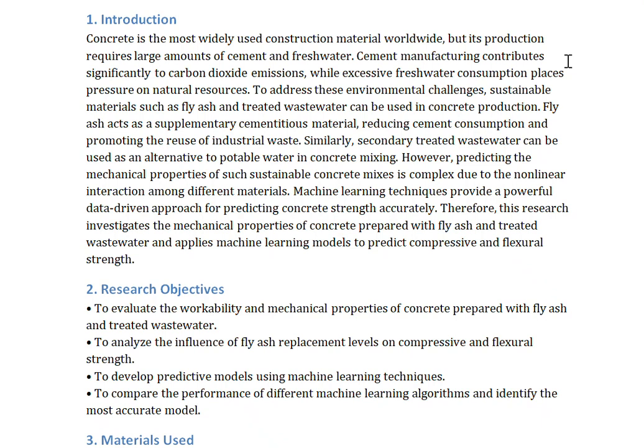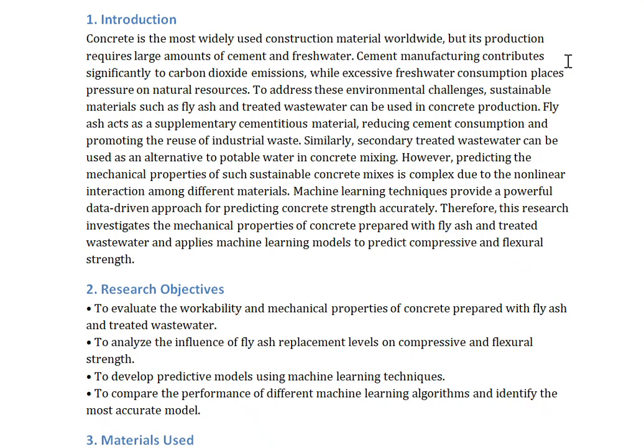Fly ash acts as a supplementary cementitious material, so it reduces cement consumption, promoting the reuse of industrial waste. Similarly, secondary treated wastewater can be used as an alternative to potable water in concrete mixing.